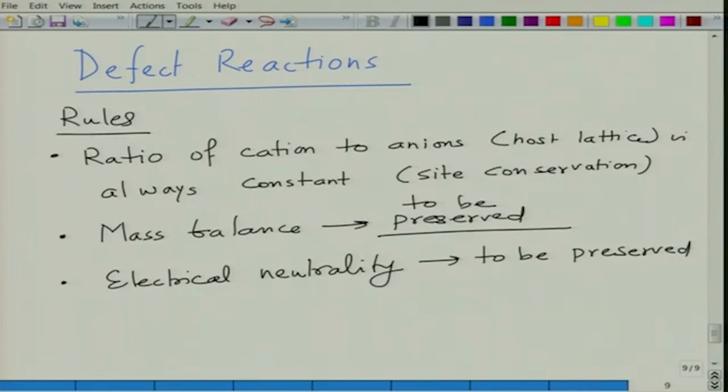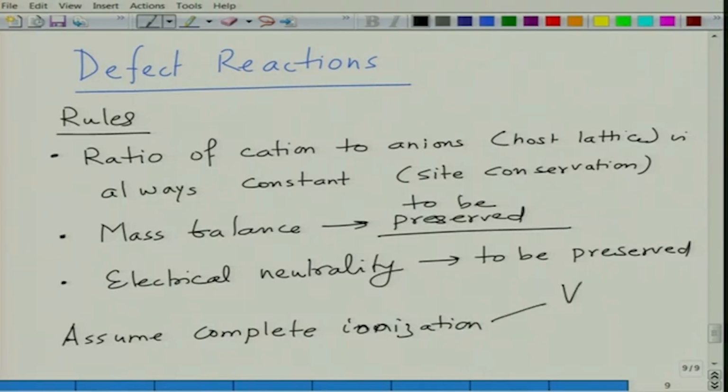And when we write defect reactions, generally from the perspective of teaching, we will assume complete ionization. So, in case of oxygen vacancies, it will be VO dot dot.